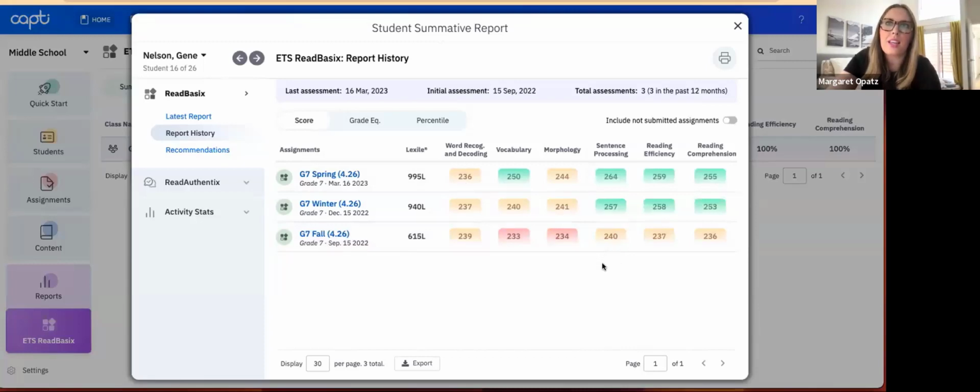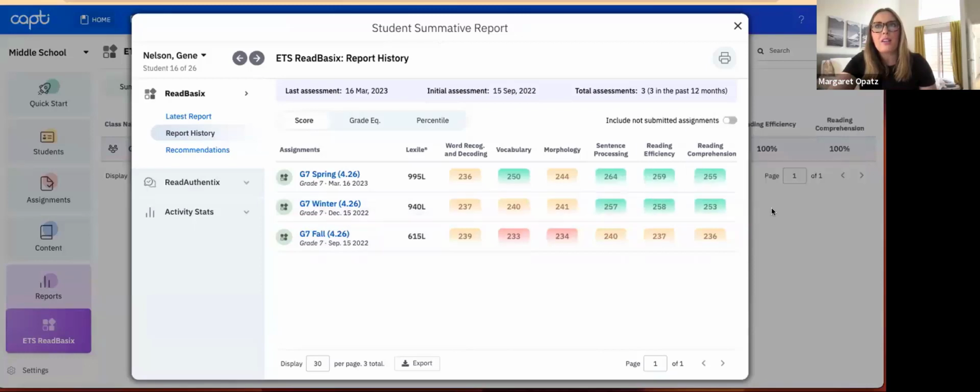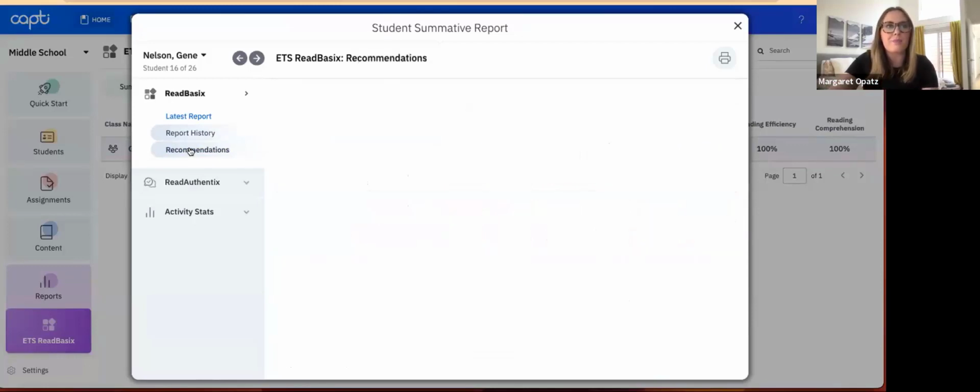And through instruction that not only focused on vocabulary and morphology, but also understanding sentences at that word level, that phrasal level and clause level, he was able to improve his reading comprehension and reading efficiency because of his improved ability at that sentence processing level. So this assessment is really able to help identify the areas that students need support in, and then you can actually measure growth over the year on foundational reading skills.